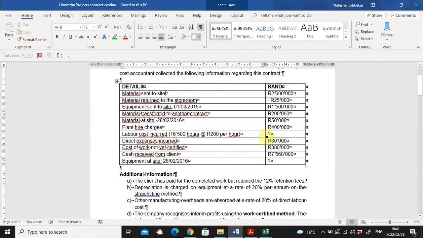So we can do that calculation to solve this little question mark. There are some direct expenses, cost of work not certified, cash received from the client, and then equipment on site, question mark.